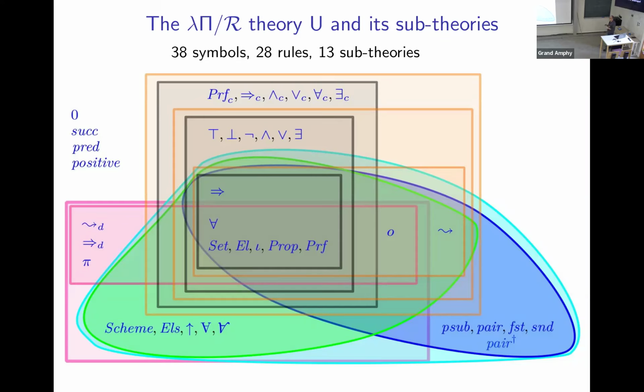And so another interest of this theory is that if you want to translate some theorem from one system to the other, then you can encode your proof of your source system into this theory. Perhaps your proof is not going to use all the symbols, but only a small part. And by looking at exactly what are the symbols that are used in your proof, you can determine to which other target system it's possible to translate that proof.